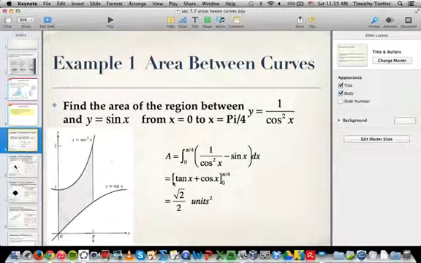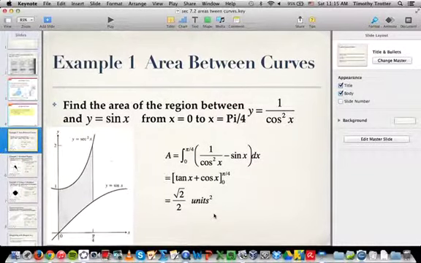Then we substitute pi over 4 into both of these x's and get a number, and subtract the number we get by substituting 0 in. If you do that successfully, you get pi over 2, root 2 over 2 units squared.